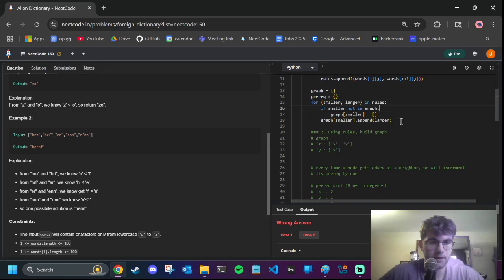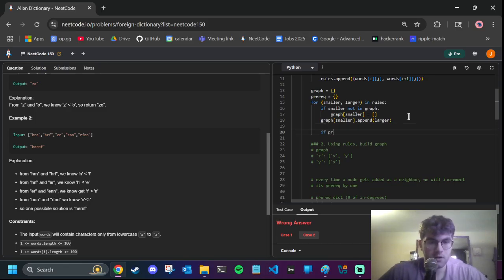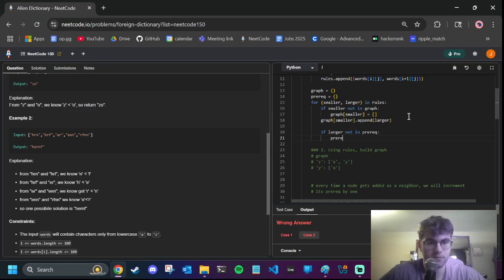Yep, and then at this point we want to say prereq: if larger not in prereq, then we'll say prereq larger equals 0, and then prereq larger plus equals 1.